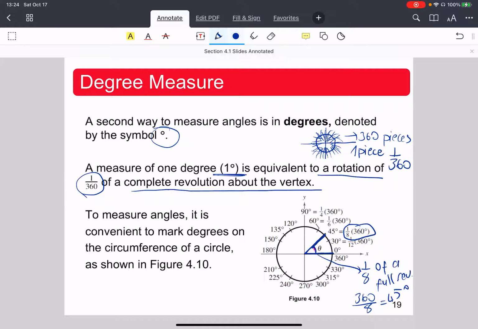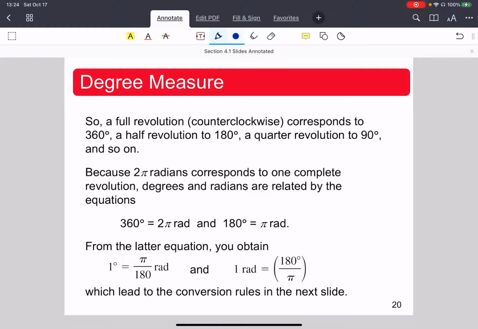Okay, so then, because one full revolution is 360, a half revolution must be 180. A quarter revolution must be 90 degrees. So if we have something like this, going from X to Y is 90 degrees.